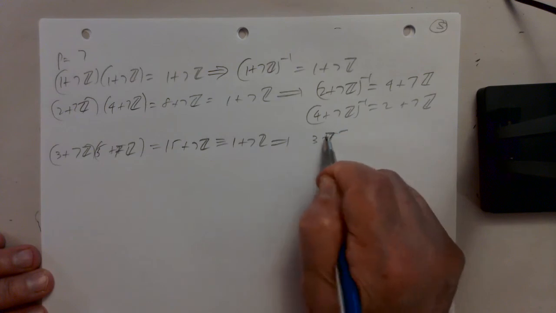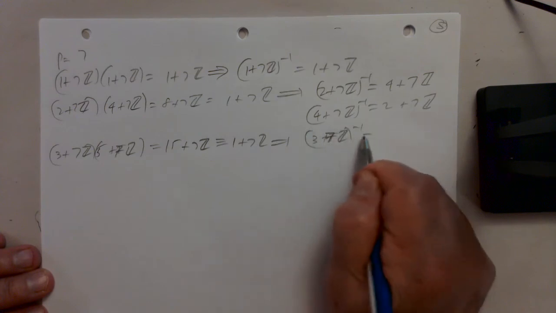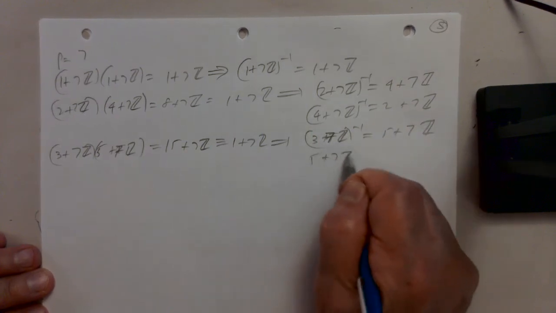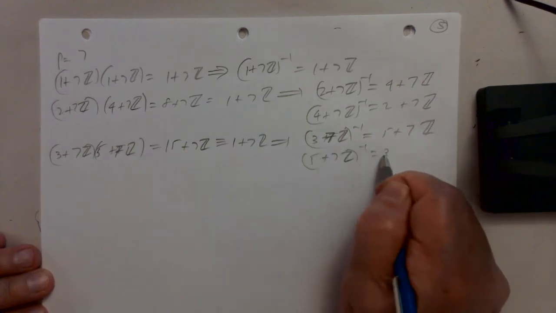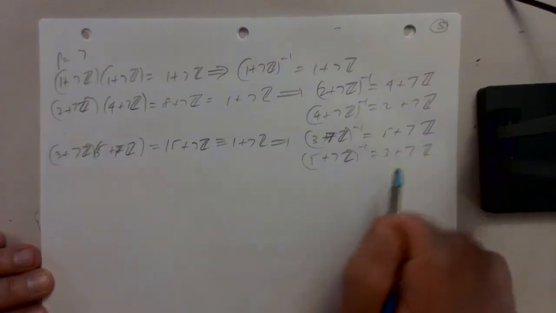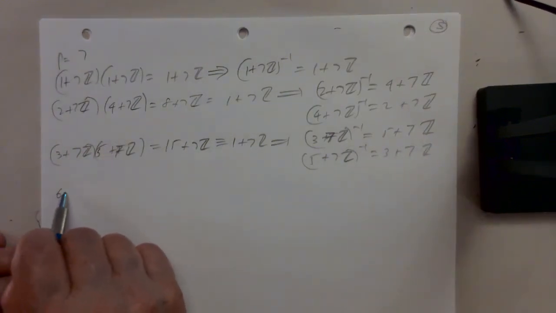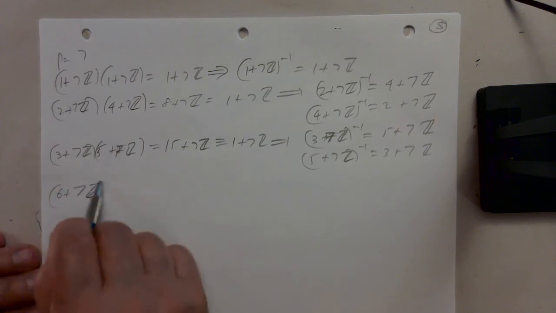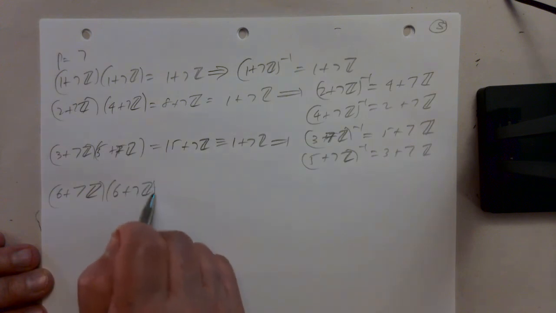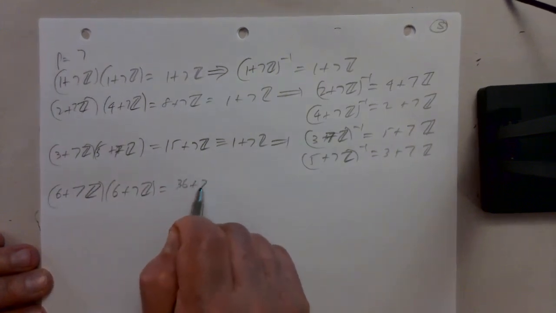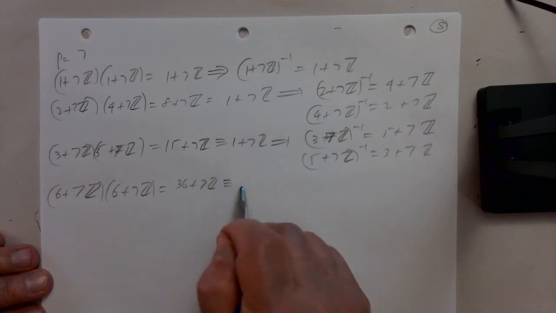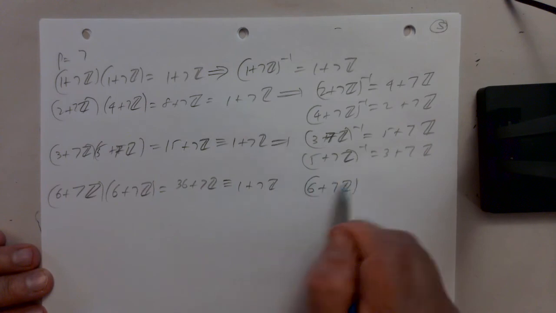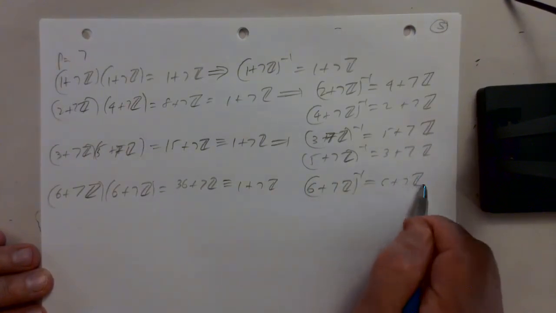So the inverse of 3 is 5, and the inverse of 5 is 3. And the last class that we're missing is 6 plus 7Z. If we multiply that by itself, 6 times 6 is 36. 36 is congruent to 1 mod 7. So the inverse of 6 plus 7Z is equal to 6 plus 7Z.